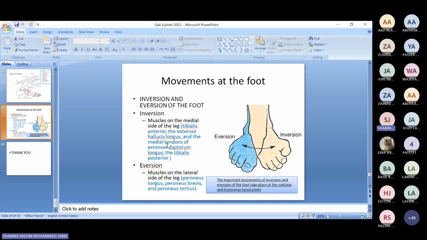So for inversion, remember tibialis anterior and posterior, and in the extensors, hallucis and digitorum. For eversion, all three peroneus: longus, brevis, and tertius.